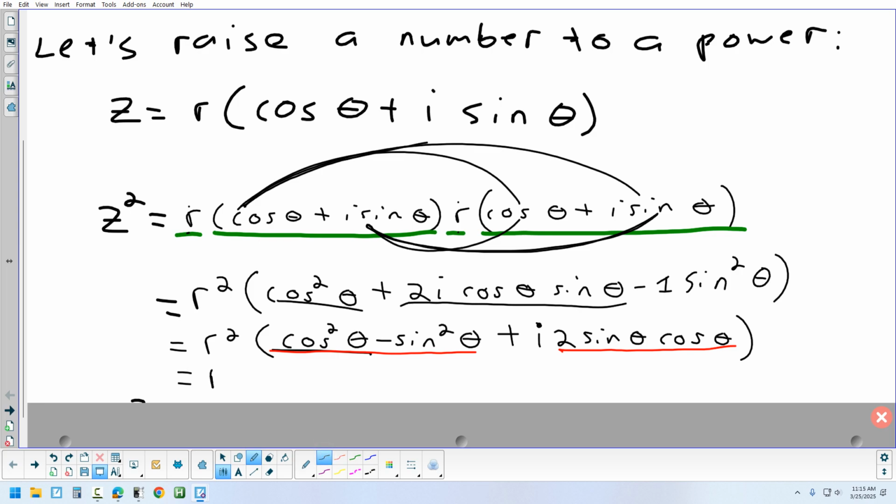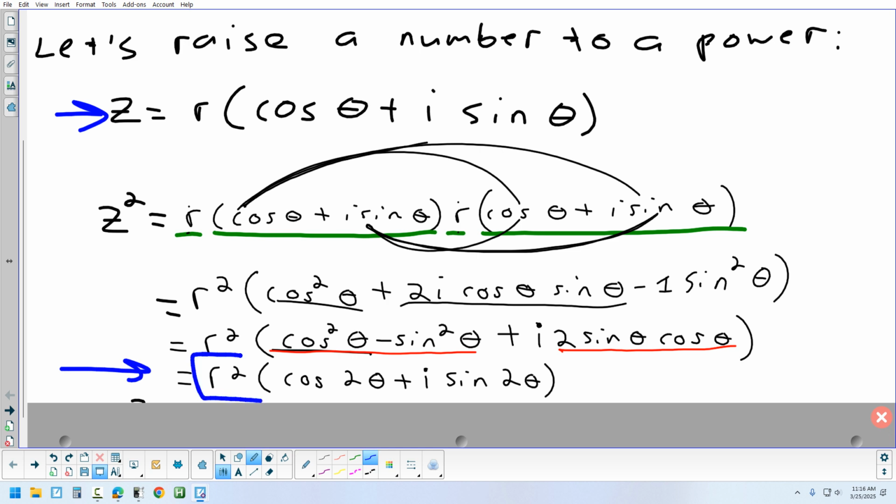That turns into cosine 2 theta. And what's 2 times sine times cosine? Sine 2 theta. So, when we raise this to the second power, we get r squared cosine 2 theta plus i sine 2 theta.